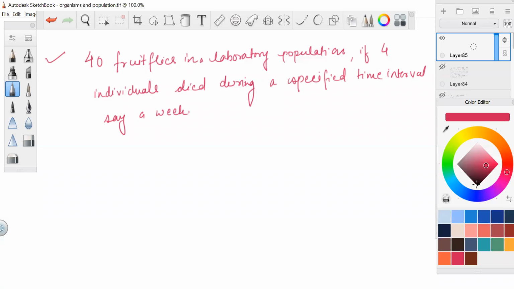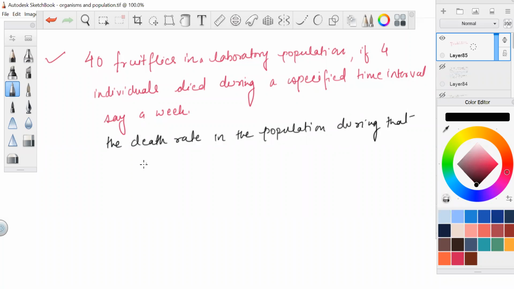So the death rate in the population during that period is again how many died? 4, and 40 were present at that time.